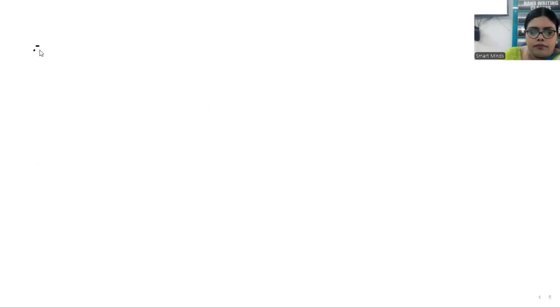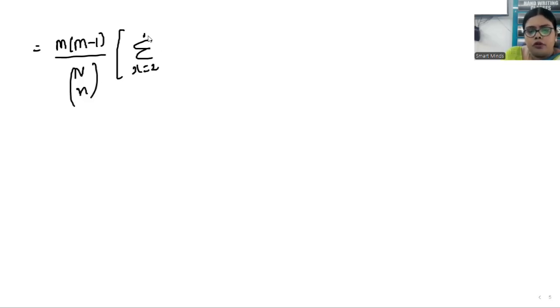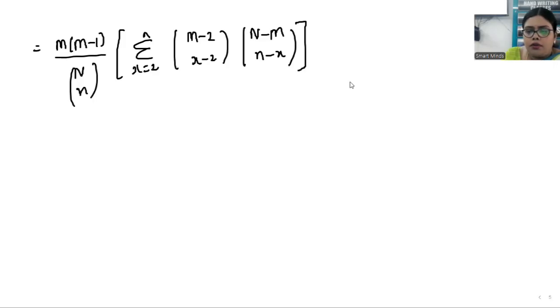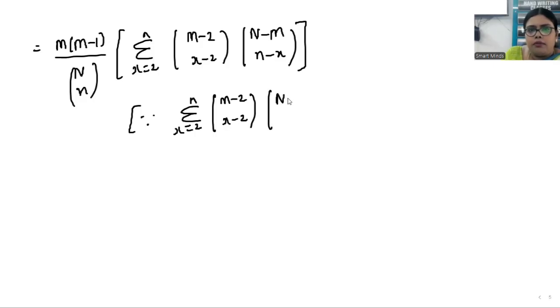So this m into m minus 1 is a constant. So we are bringing it out by NCn into sigma x is equal to 2 to n m minus 2 C x minus 2 into N minus m C n minus x. How did we get this? Since sigma x is equal to 2 to n m minus 2 C x minus 2 into N minus m C n minus x is equal to N minus 2 C n minus 2.